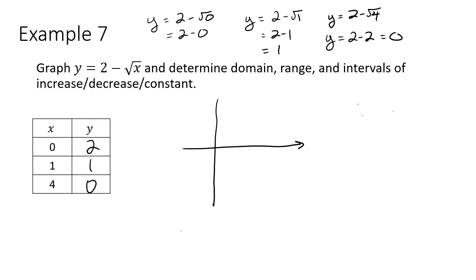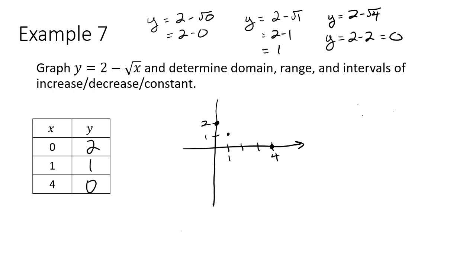All right, so my x values go 0, 1, 2, 3, 4. So at an x of 0, we've got a y value of 2. At an x of 1, y value of 1. And at an x of 4, we've got a y value of 0.